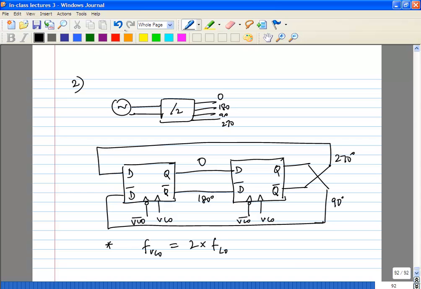So if you are designing a transceiver which is going to operate at, let's say, 1 gigahertz, your VCO will have to operate at 2 gigahertz at least. The only thing to keep in mind is, in terms of phasor and everything else, this synchronous divider is going to be good. However, as the frequency goes higher and higher, you are going to burn more and more power in the divider.